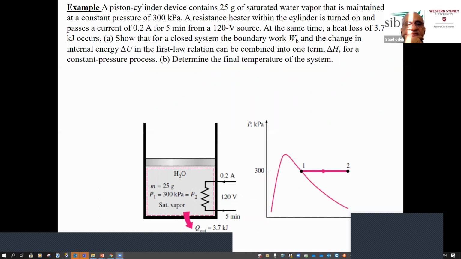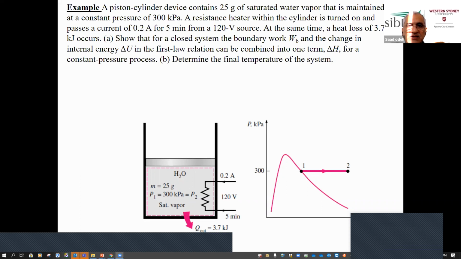First requirement is for a closed system boundary work W. Show that for a closed system, the boundary work W and the change in internal energy in the first law relation can be combined into the one term, delta H, which is the change in enthalpy.